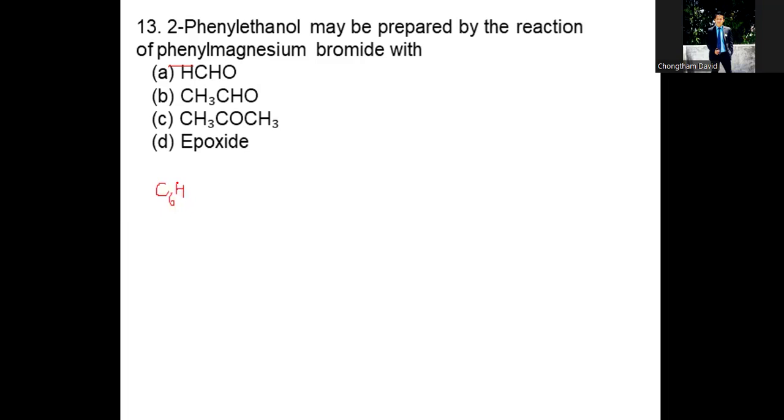You know, Grignard reagent C6H5MgBr. This is phenyl magnesium bromide reacting with your ethylene oxide to give rise to C6H5CH2.